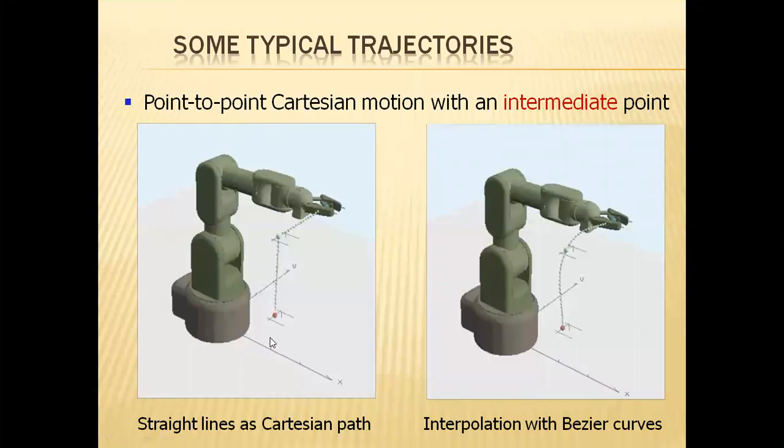So in the Cartesian coordinate system, motion moves in a straight line, that is x, y, and z, either in the positive or negative axis, leading to straight line motions.